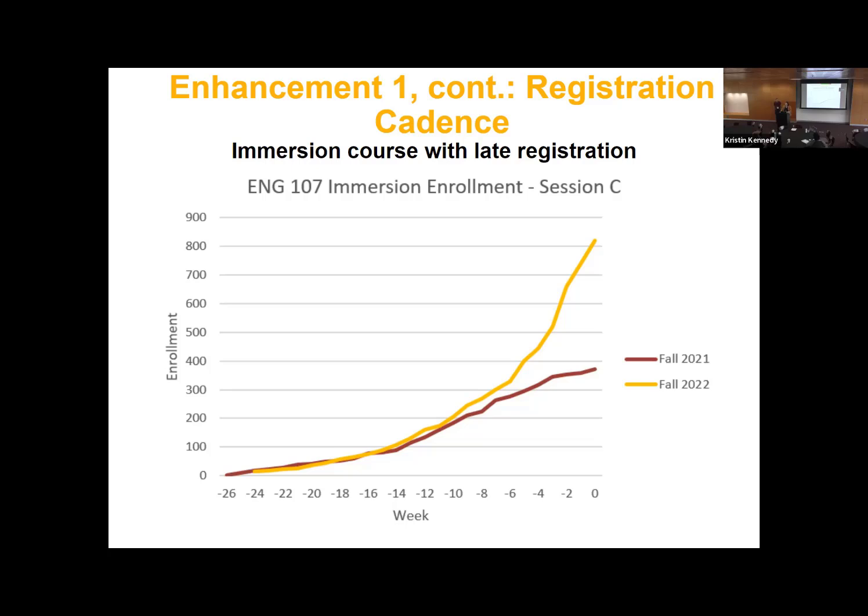It's also a great example of the difference in registration. If you look at this compared to Math 117, you still see a lot of enrollment in those last 4 weeks, but this was a much greater percentage of total enrollment as of add drop.